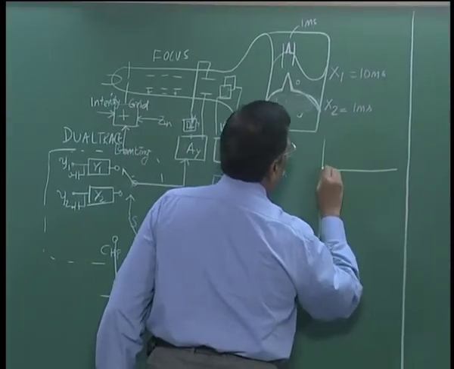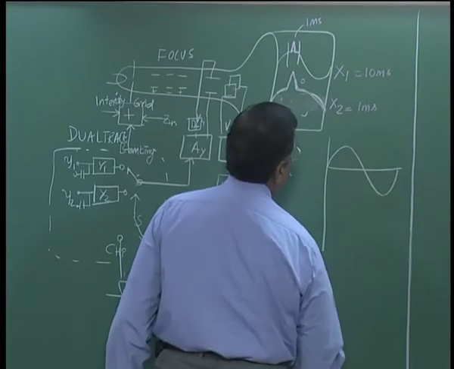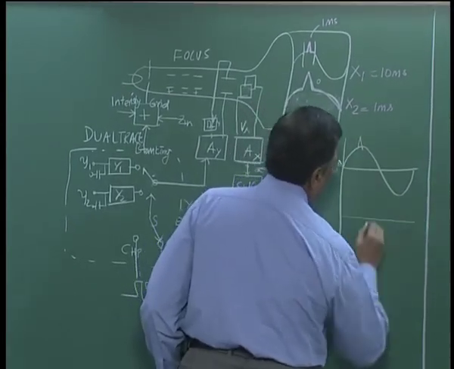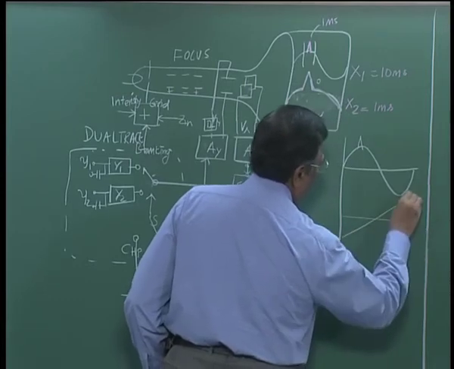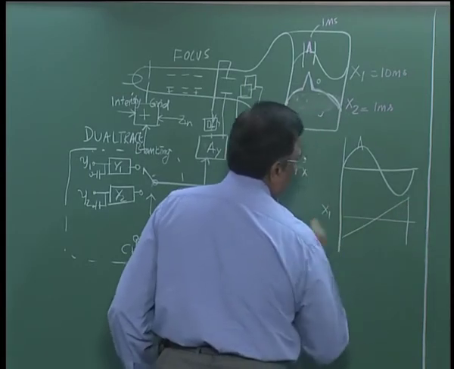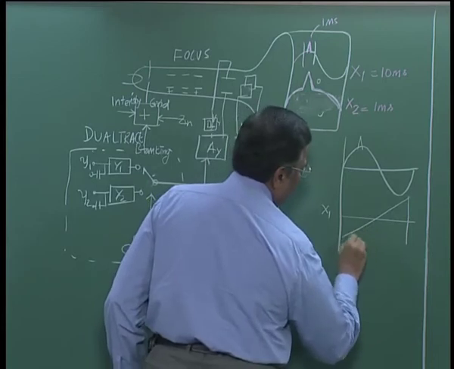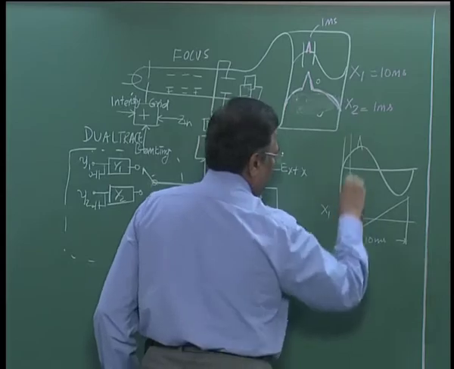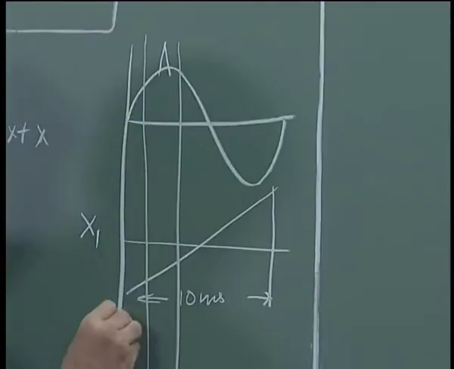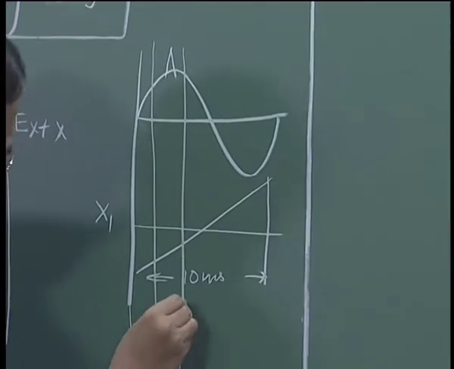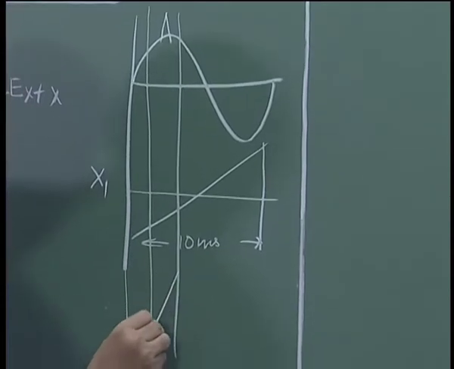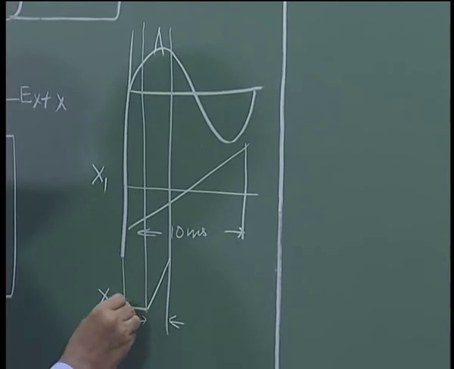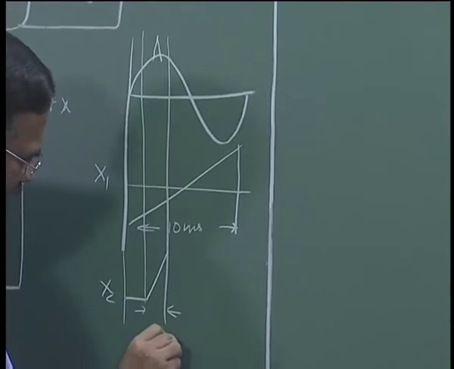waveforms here. I have my signal, and I have my x1 sawtooth waveform, this is 10 millisecond. Now, when I want to see this, I need to generate a sawtooth which is 1 millisecond, this is x2, 1 millisecond.